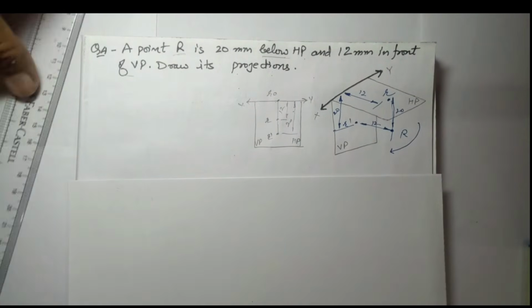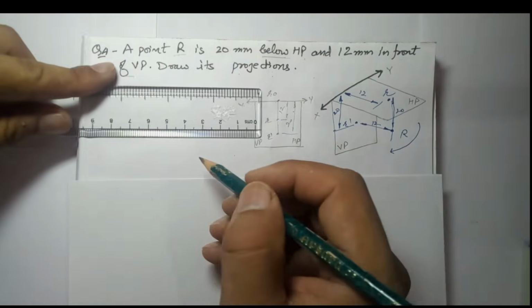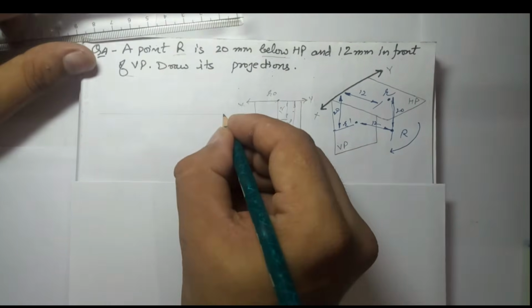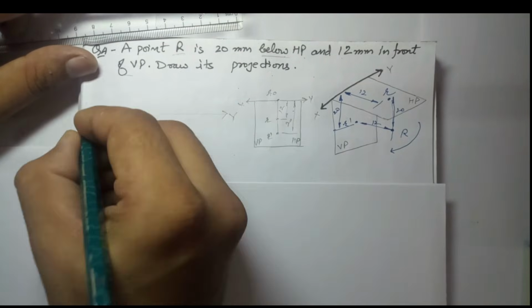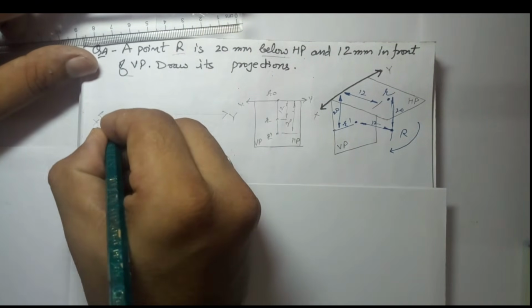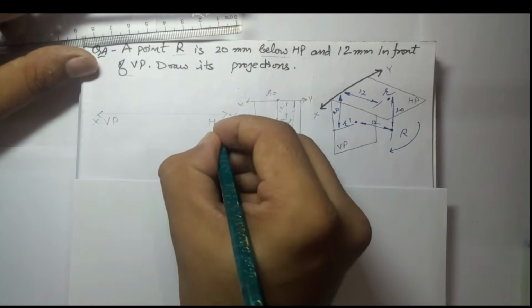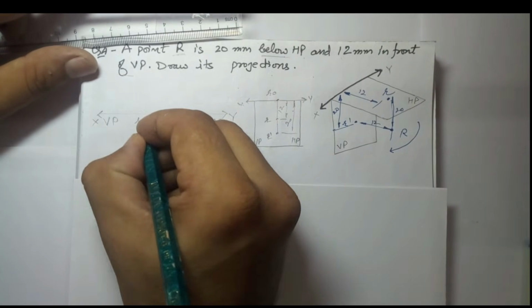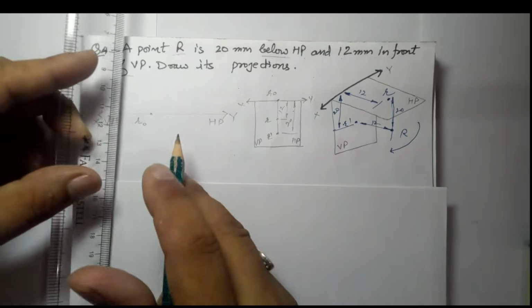How can we draw it on the sheet? Same procedure I have told you: draw the XY line, a very light, thin line with open arrowheads. Now this is the fourth quadrant, so both VP and HP are below XY. So this is the point R0, just a reference point, the start point.